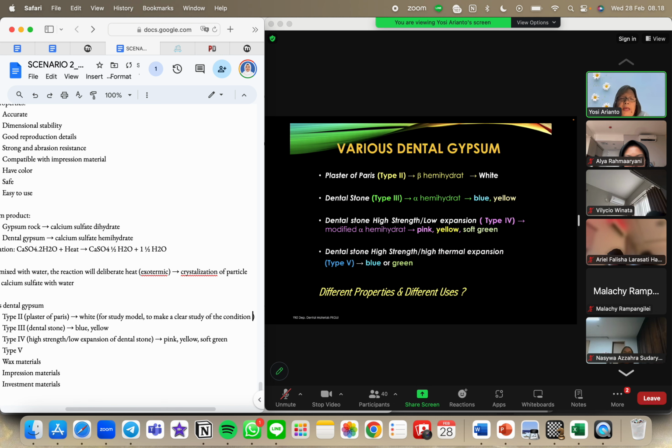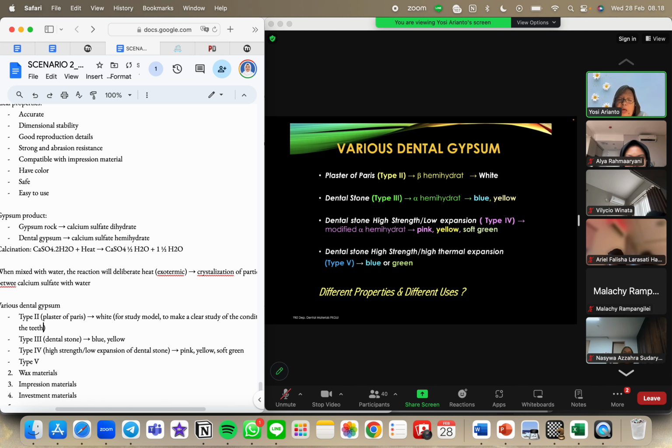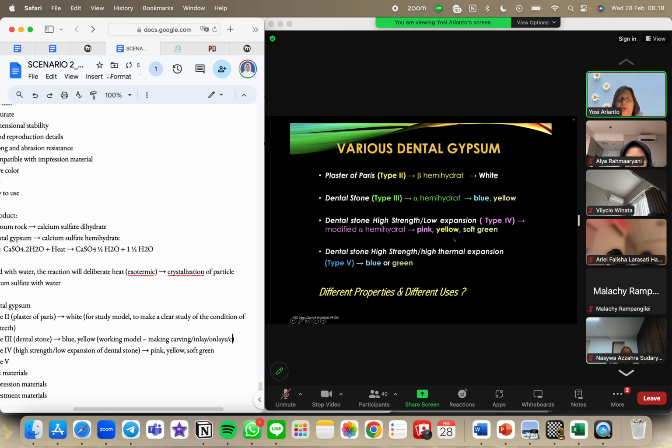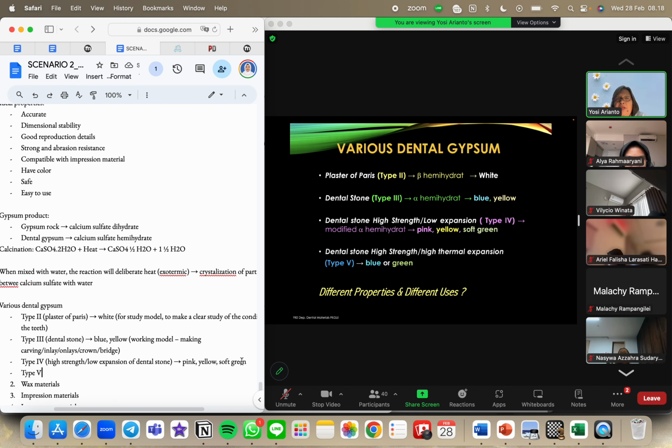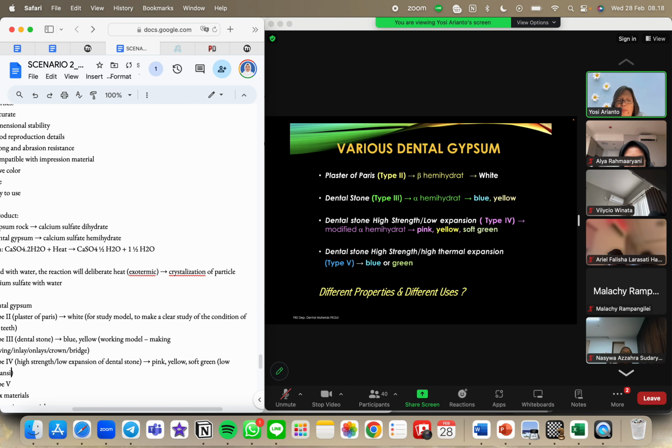And then dental stone is for working model. Sometimes we use this dental stone for carving the inlay or crown or bridges. And also the dental stone high strength, but usually low expansion here, it depends on also the use of the metals that we are going to use.